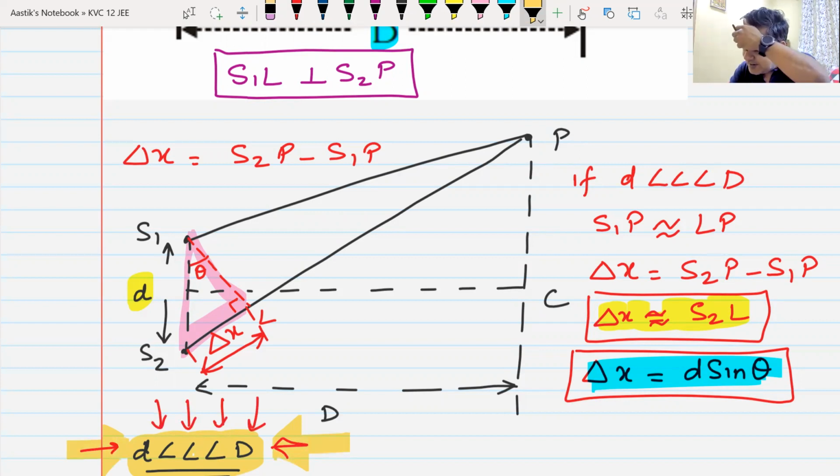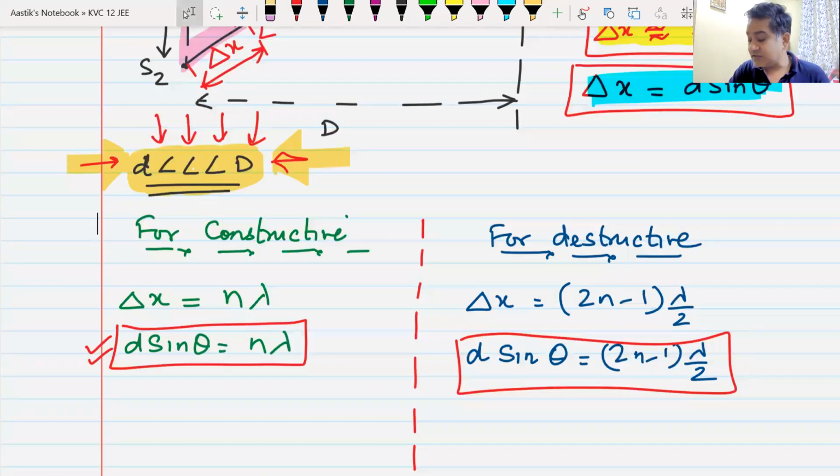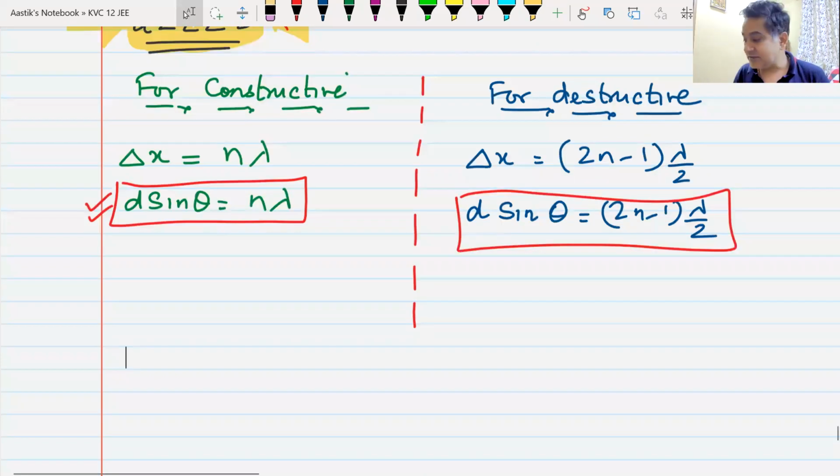Then we had seen that for constructive interference, d sine theta will be equal to n times lambda, and d sine theta will be (2n minus 1) lambda by 2 for destructive interference. Do we understand this? This is the general formula which is valid.